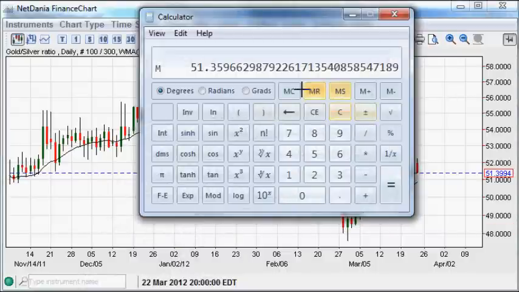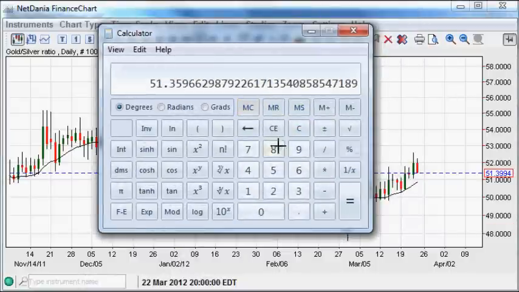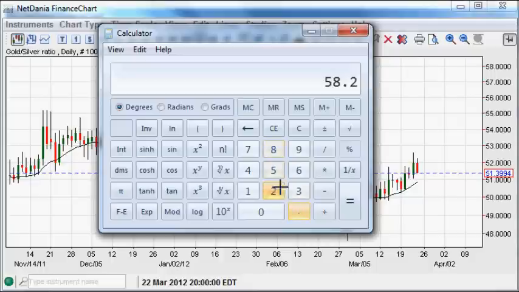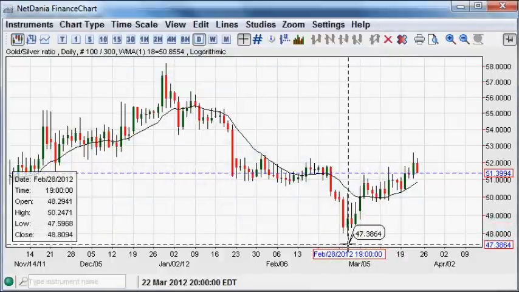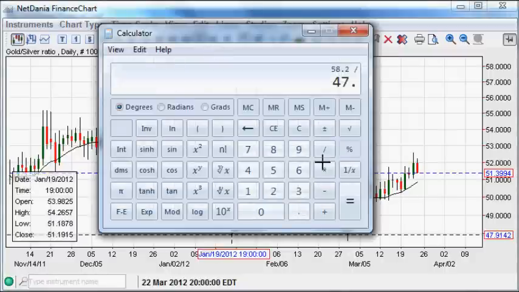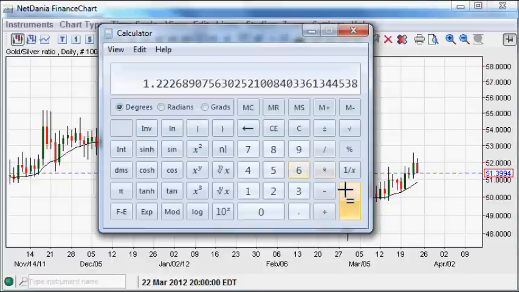So now let's clear the memory with the MC button on the calculator, and we'll take 58.20 and divide it by 47.60.